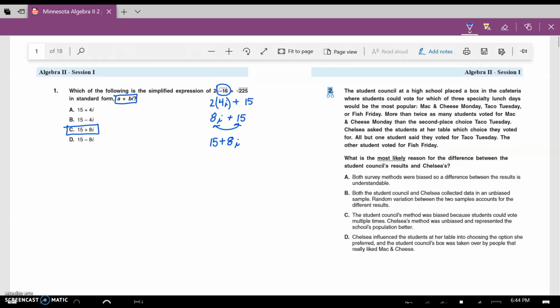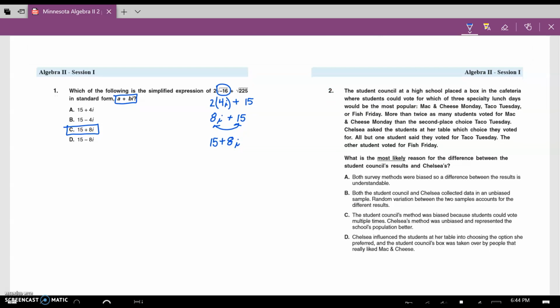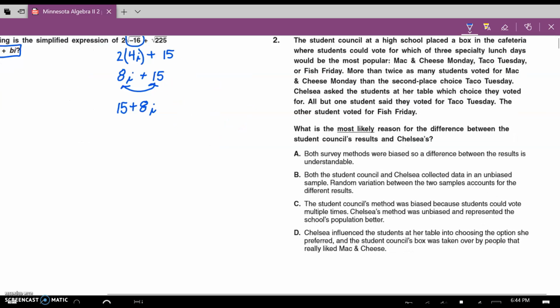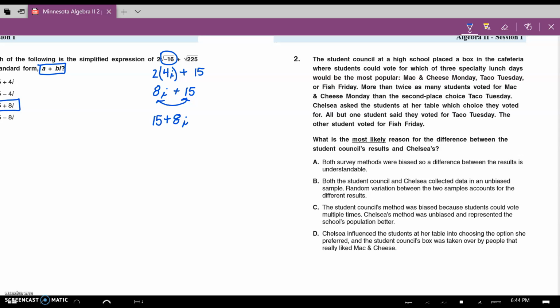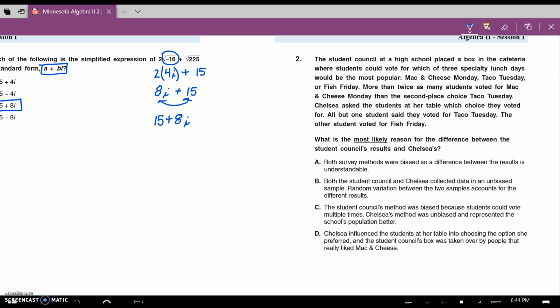Okay, then on to number 2. We actually haven't gotten to number 2. Okay, so number 2 is talking about survey methods. So this is on to like statistics and stuff like that, but you can actually read through this and use your process of elimination and figure it out. So it says that they placed a box in the cafeteria where they could vote through 3 specialty lunch days, and then you can read through the specialties.